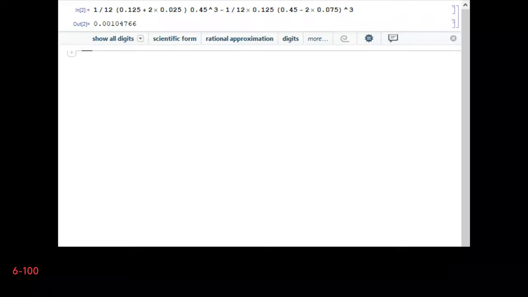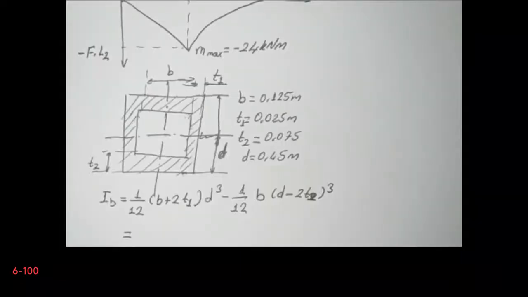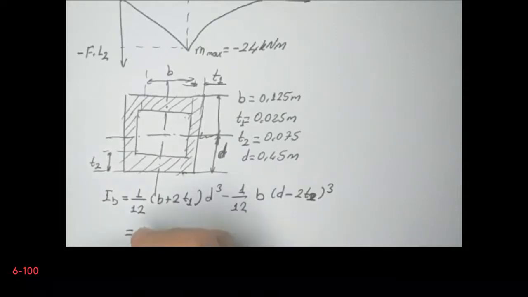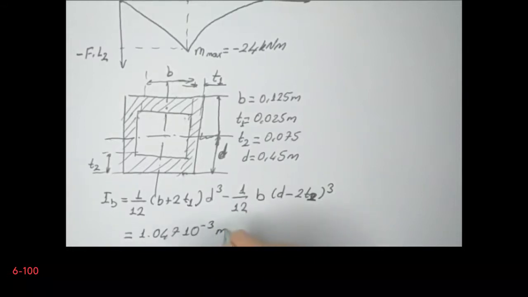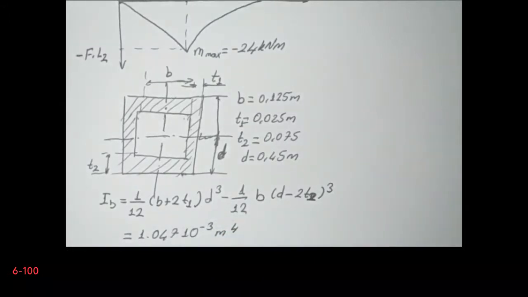So the bending moment of inertia is 1.047 times 10 to the power minus 3 meter to the power 4. This is our bending moment of inertia.